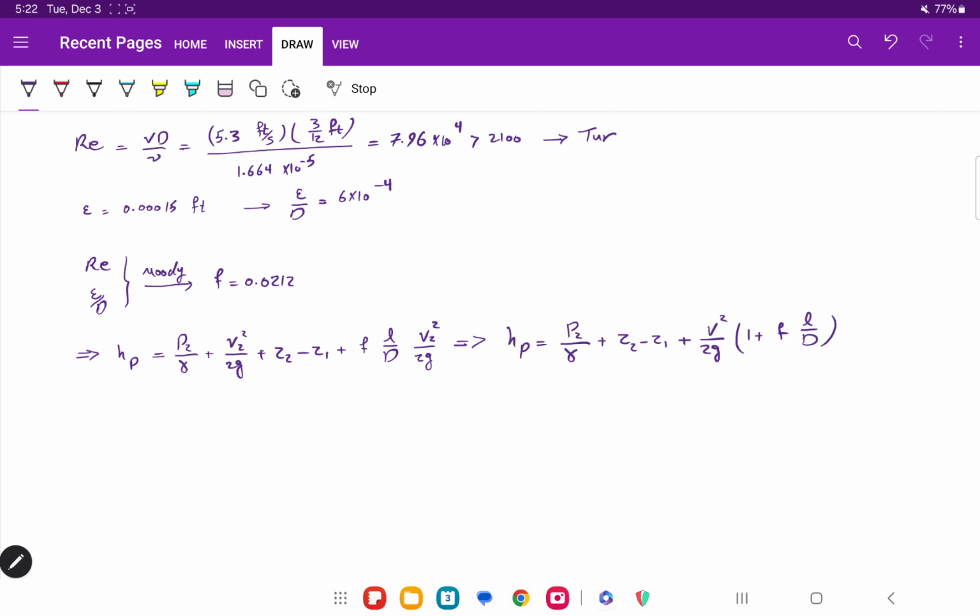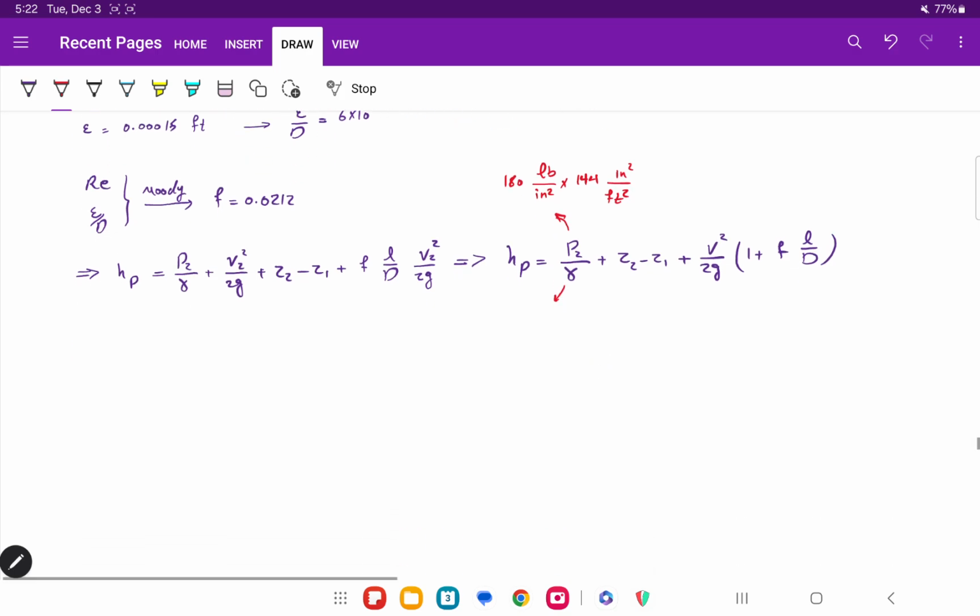You have the pressure. I just write down the values. 180 pounds per inch square. You should multiply this by 144 inches square over feet square. Gamma is 62.4 pounds per cubic feet. What else? Z1 is known, Z2 is known.